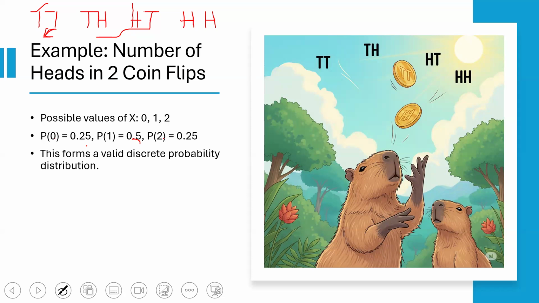So its probability is 0.25 again. This forms a valid discrete probability distribution. It adds up to 1, and each probability is between 0 and 1. This type of setup is the foundation of many games of chance, and the same logic applies to evaluating risk, marketing surveys, and decision trees.